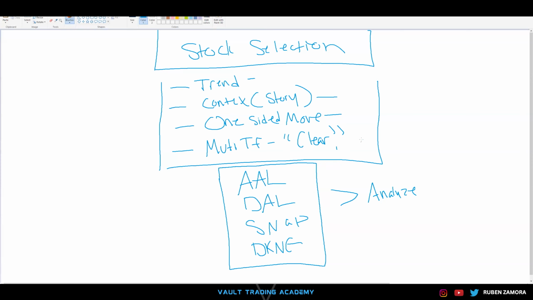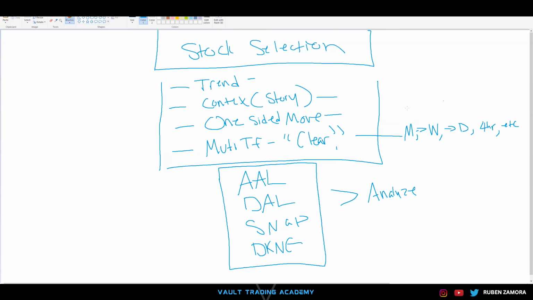What I mean by multi-time frame: does the monthly look clear? If the monthly looks clear, then the weekly will start making sense. And from the weekly, does the daily look clear? And then from the daily, we can dive down into the 4-hour time frame and so on.